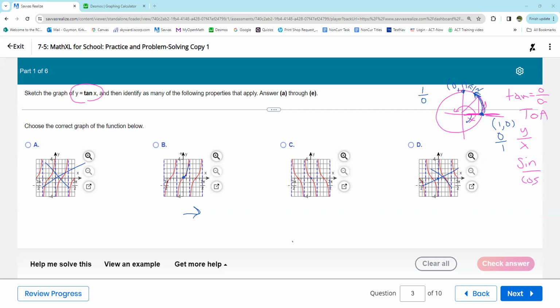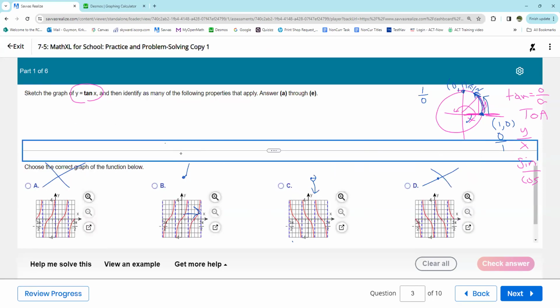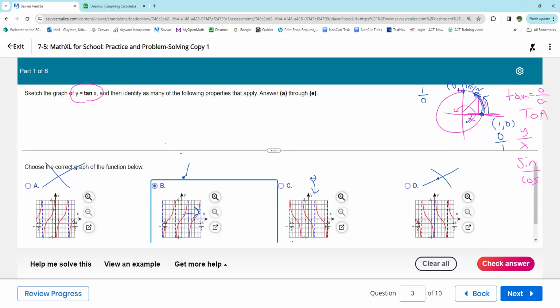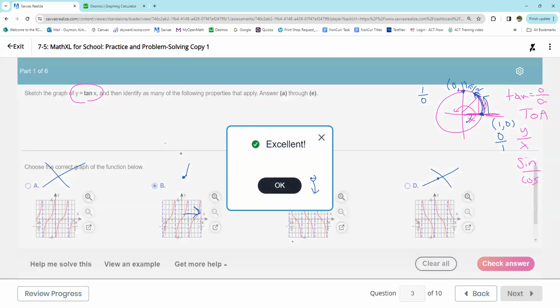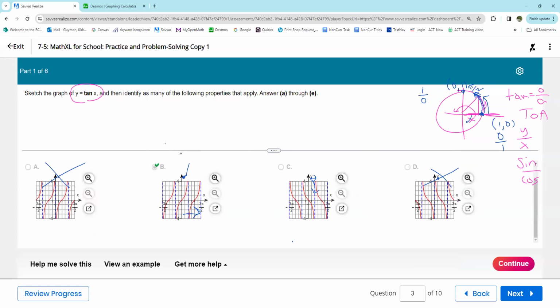My rotation is positive and it's increasing my x value, so it should be going positive. When my x is rotating positive, this one is going negative. So the correct answer should be B. If you get really stuck, you could always put it into Desmos or a graphing utility to double check that.